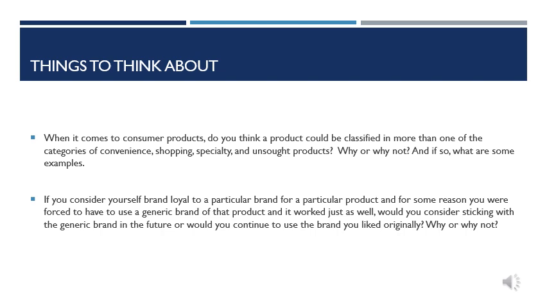The second question is, if you consider yourself brand loyal to a particular brand for a particular product, and for some reason you were forced to use a generic brand of that product, and it worked just as well, would you consider sticking with the generic brand in the future, or would you continue to use the brand that you liked originally? Why or why not?